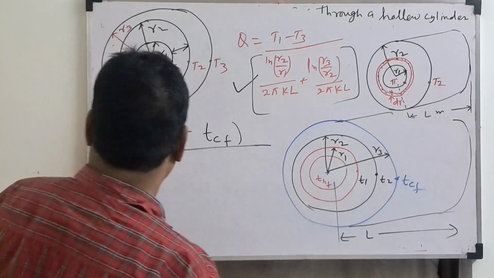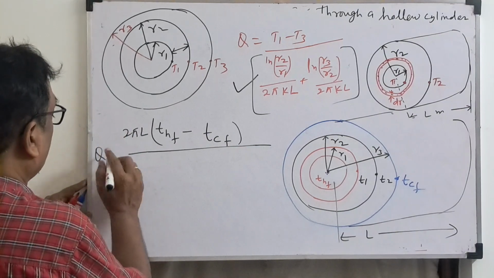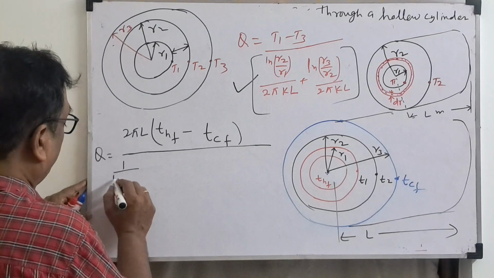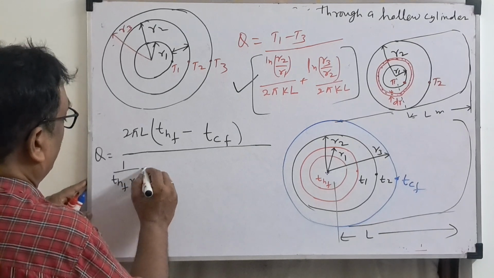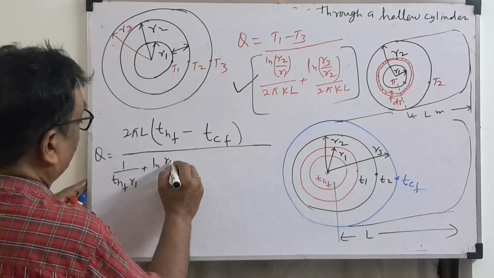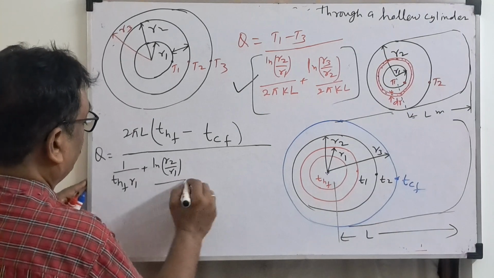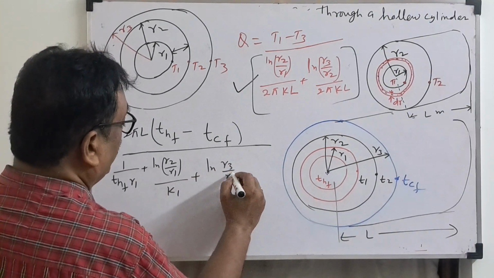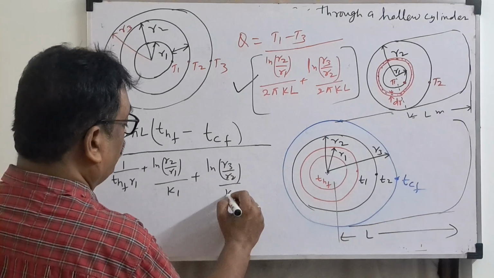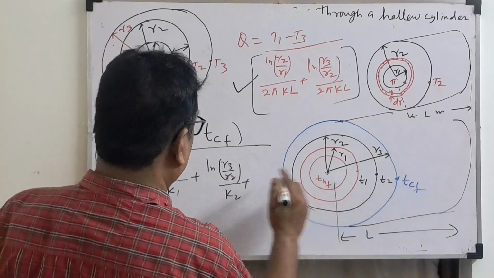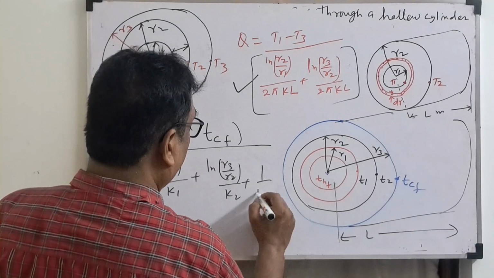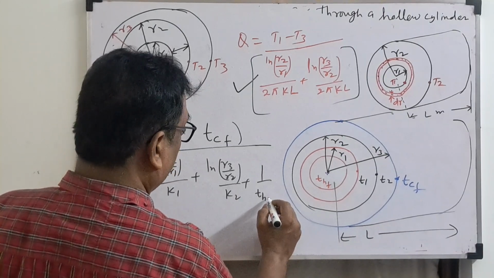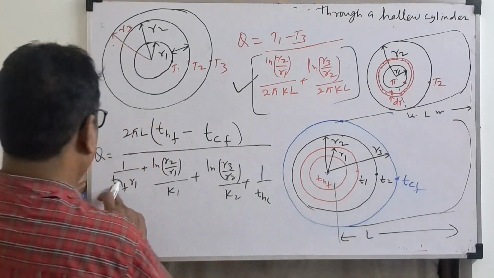So here, see here, Q is equal to (THF minus TCF, temperature of the hot fluid minus temperature of the cold fluid) divided by: 1 by hR1, plus ln R2 by R1 K1, plus ln R3 by R2 K2, plus the convective term 1 by hR3 for the cold fluid.